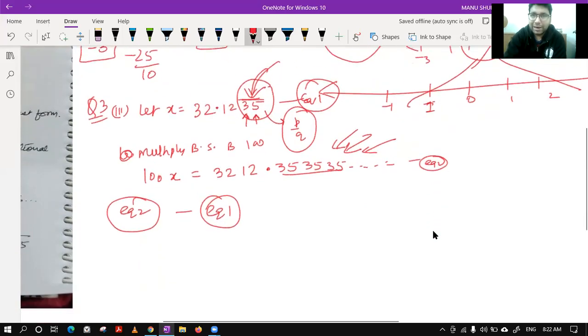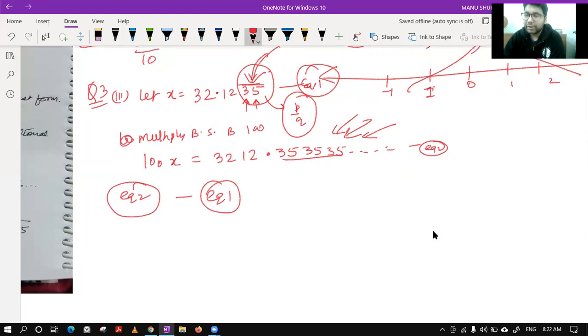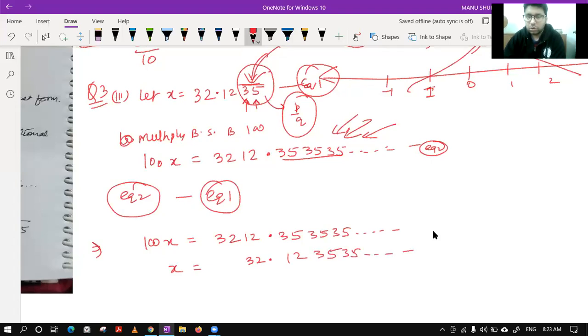For that, I will use the subtraction technique that we used in the starting classes. So 100x is equal to 3212.353535 dot dot dot, and x is equal to 32.123535 dot dot dot.